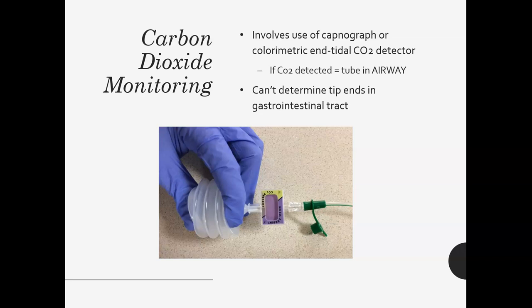So we know that when we're inhaling, we're breathing in oxygen and exhaling CO2, okay? So CO2 would be detected in our lungs. Really, it won't be detected anywhere else. So if it is detected, it's in our lungs. So even if it says no CO2, it still doesn't confirm that the tip of it is exactly in the GI tract, but it at least tells us it's not in the lungs.